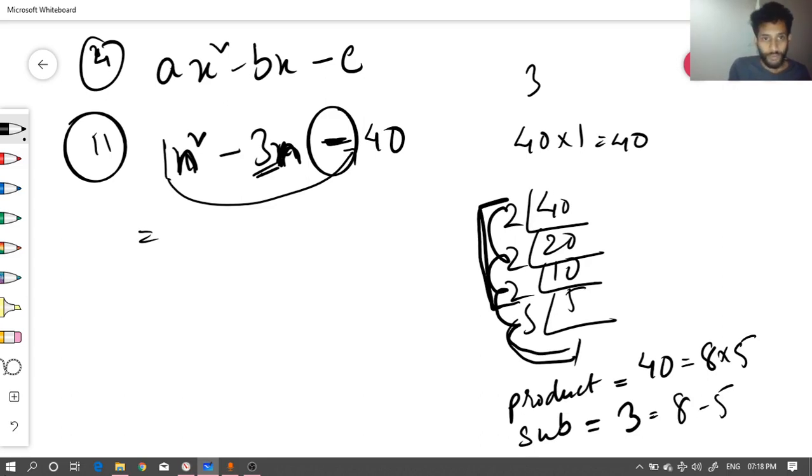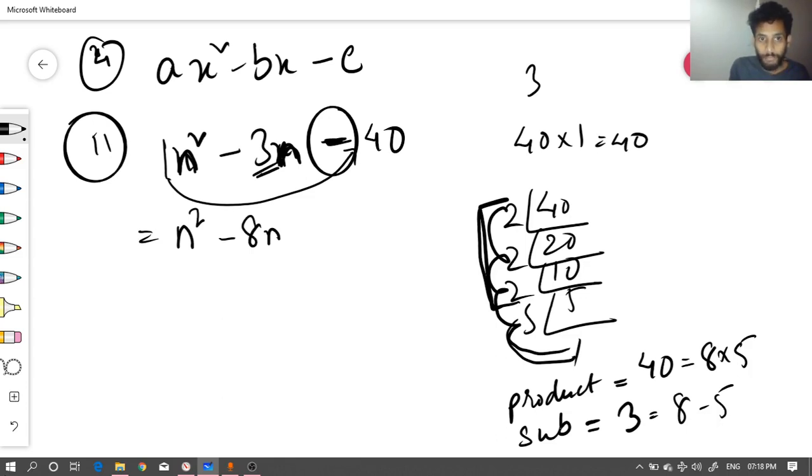Now what I told you in the previous question is that the bigger sign, the sign which is here, should be with the bigger one. So n square minus 8n, but already minus 8n has the sign.